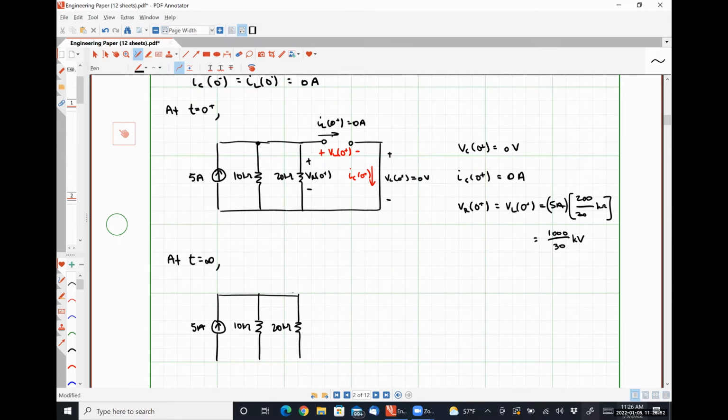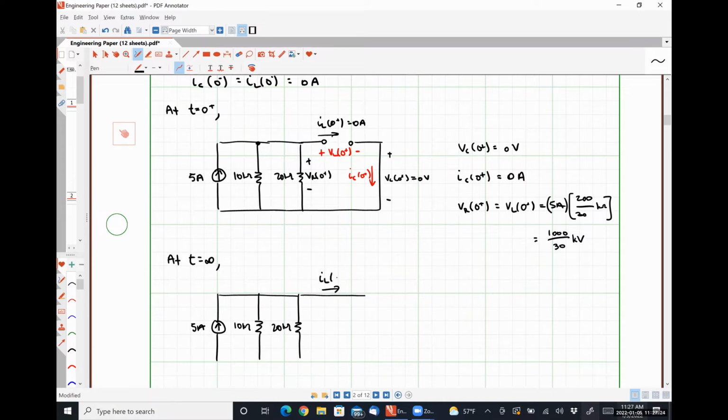What should our inductor look like at t is equal to infinity? Sonny, you got any thoughts? So at t is equal to infinity, that's a long time after the transient condition has died out, which means we're back at DC steady state. So we should use our DC steady state equivalent for an inductor, which is a short circuit. So our inductor is a short circuit.